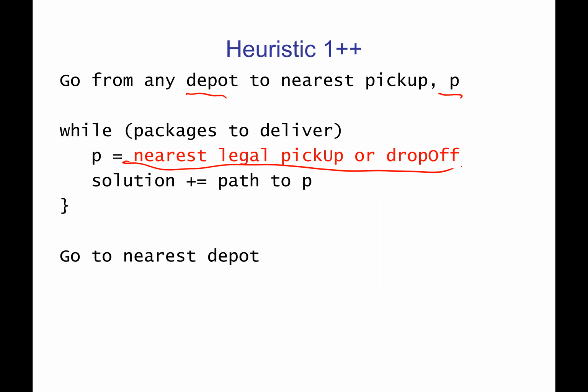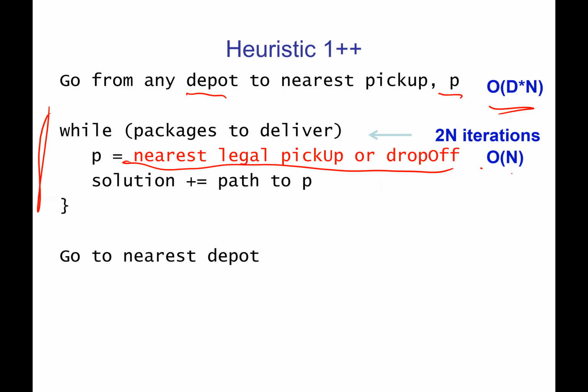We work out the complexity of this. It's not much different, right? So it's order D times N for the first, find, look at all the possible depot to pickups, that's D times N choices. We're gonna go through this loop now 2N times, and in each one of them, we're gonna go, what is our nearest legal pickup or drop off?